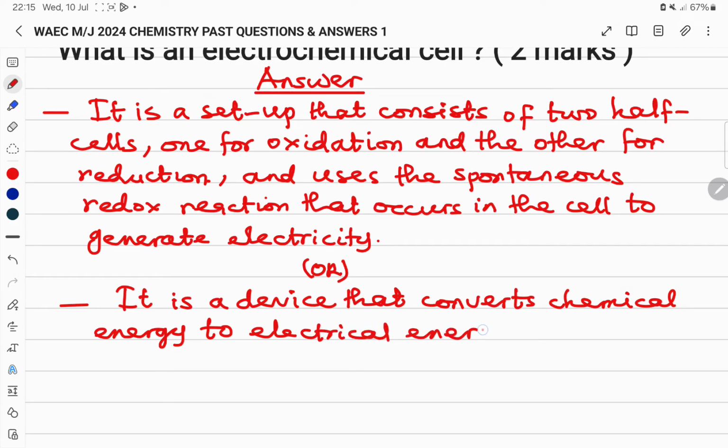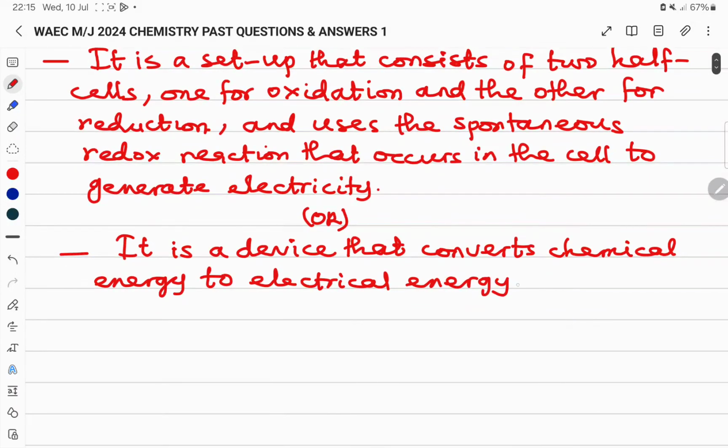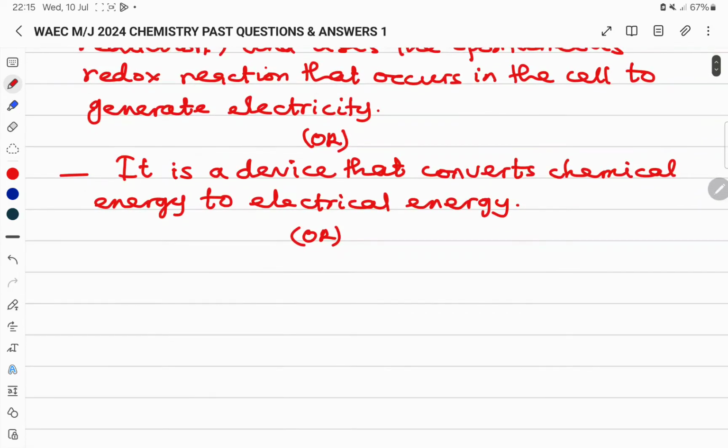It's a device that converts chemical energy to electrical energy. We can also define it this way. I'm trying to give you different definitions, different ways you can define electrochemical cell in an exam.